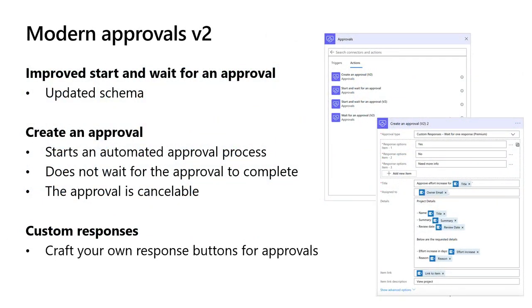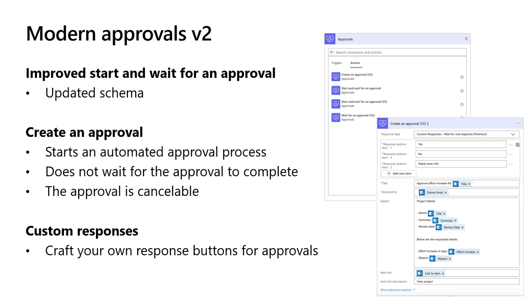A couple of the latest changes that we've made. In version 2 of approvals, we've established the start and wait cycle, so you can now take advantage of that too. You can trigger an approval, but you may want to wait a little while for the approval to start.